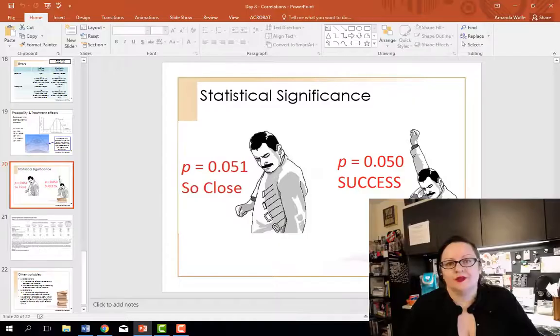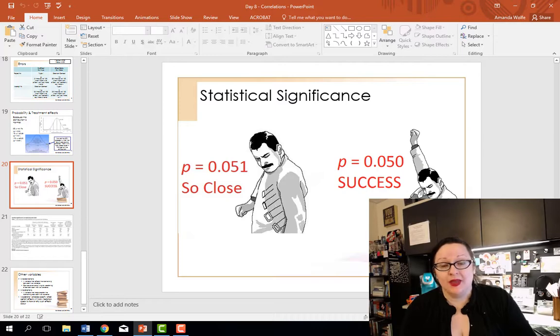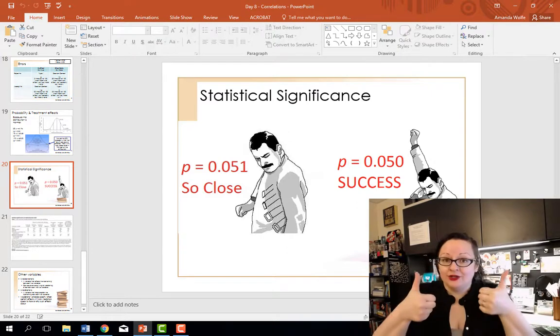We can ignore it. The real key about statistical significance is that your p-value is your probability of committing a type 1 error. So the 0.05 means 5% because you move the decimal place over 2, and that's how you go from a number to a percentage. So we as a field have decided that a 5% chance of a type 1 error is as much chance as we're willing to make. So if your p-value is 0.05 or 5% or less, then you're good.